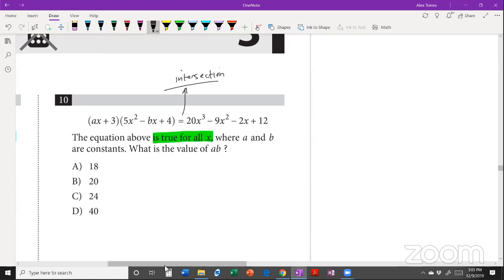So they're kind of telling us that this has infinite solutions. And we were explaining that a moment ago with the 2 linear equations, where infinite solutions for 2 equations means that they're always hitting each other. So in other words, they are the same function as one another.